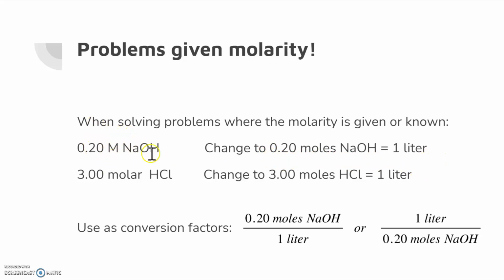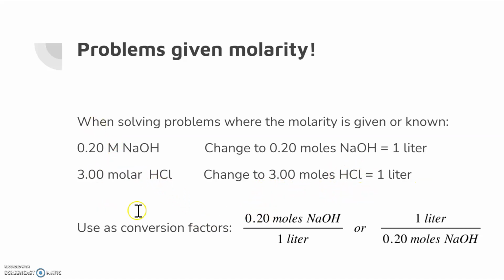So capital M means moles per liter, which means that's actually a conversion factor or a fraction. If it says something like 3.00 molar, that's using the word instead of the capital M. I also want to change that to 3.00 moles of HCl equals 1 liter.